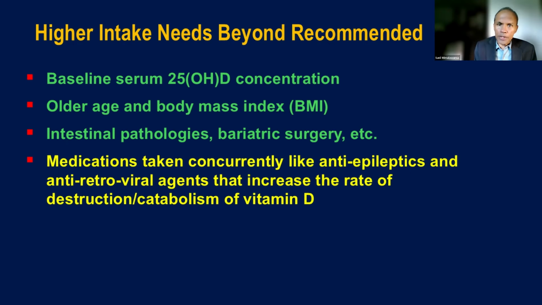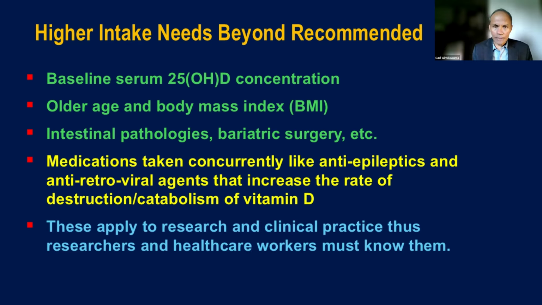In addition, people with a large bone mass, intestinal pathologies, or bariatric surgery will require higher doses, as well as those on medications like anti-epileptics and antiretroviral agents that stimulate the hepatic P450 enzyme catabolic system. They'll have a much higher turnover of vitamin D and its metabolites, so they need much higher doses of vitamin D.